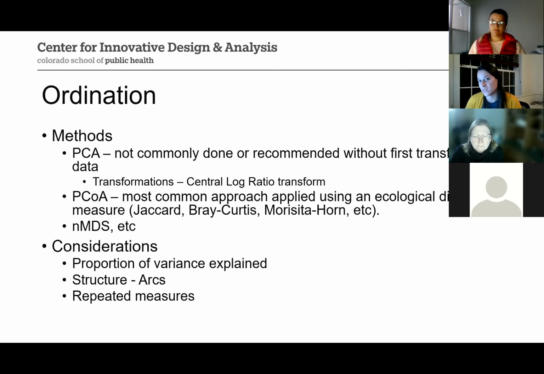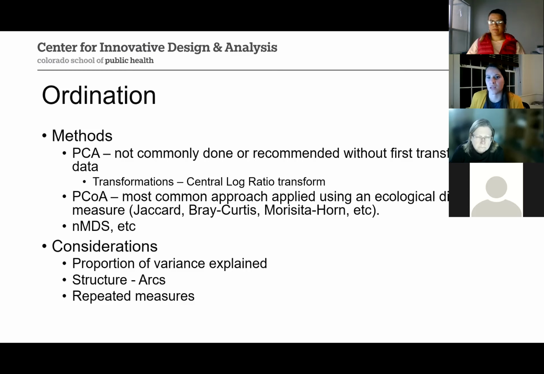Something to note is that a PCoA and a PCA are the same if you're using a Euclidean distance. The difference is that a PCoA uses different metrics. So things we think about are Jaccard, Bray-Curtis, and Morisita-Horn, which allow for a little bit more flexibility when it comes to the compositional nature. And then I've also listed the NMDS. This is what you would get from a proximity matrix from something like a random forest.